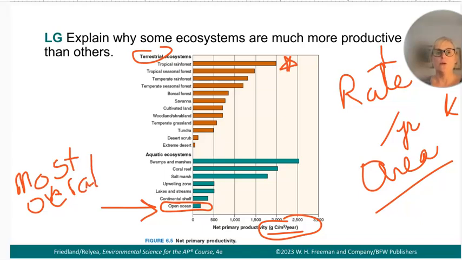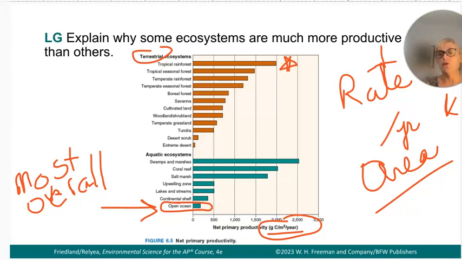However, it's the worst per area. So if you take a square meter, it's hardly going to produce any productivity, hardly any photosynthesis because of the lack of nutrients. So the open ocean, first of all, you have to have light and you have to have nutrients, and both are in short supply in the open ocean when you get below the photic zone.